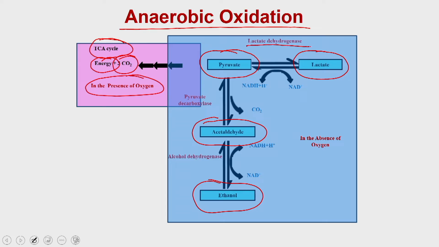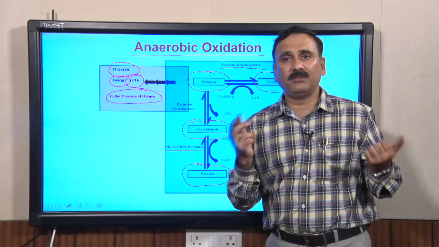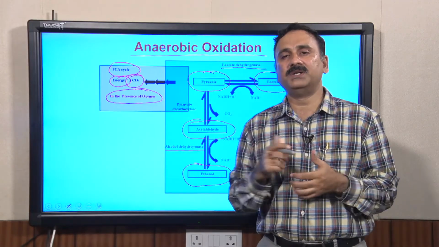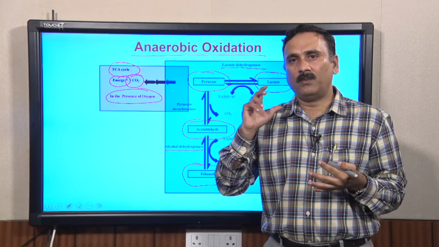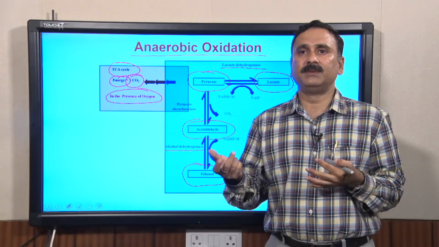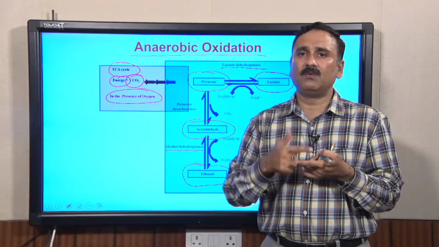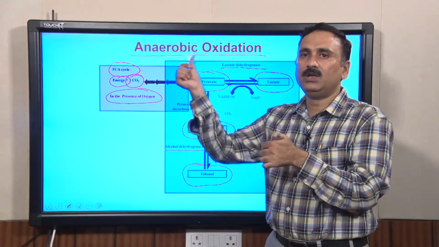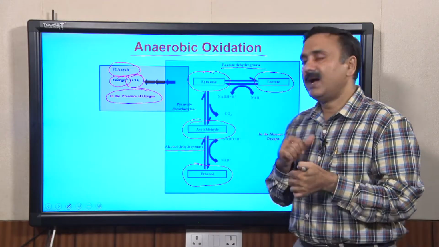Enzyme one is called lactate dehydrogenase, and enzyme 2 is called alcohol dehydrogenase. Under these conditions, because of the anaerobic oxidations, you are converting the pyruvate to lactate, or you are converting the pyruvate to ethanol.